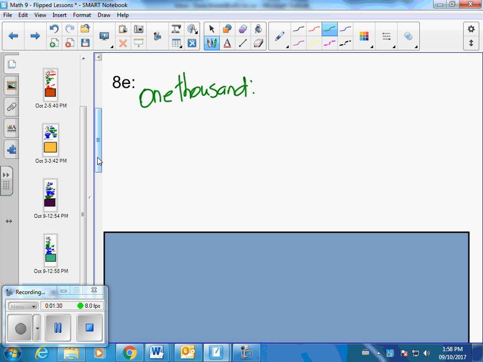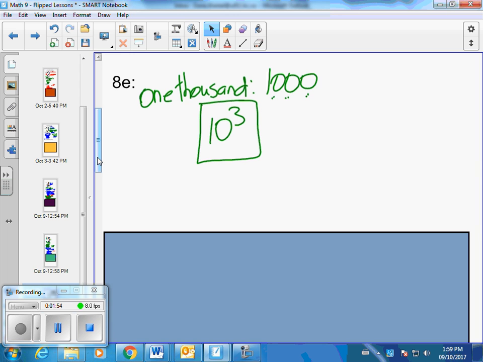We are in math class anyway. 1,000. They want us to write it as a power of 10. 10s are the easy ones. All we have to do is count the zeros. So I get 10 to the power of 1, 2, and 3. 1,000 is 10 to the power of 3. That is your final answer for 8E. Go ahead and try the rest of question 8 on your own.